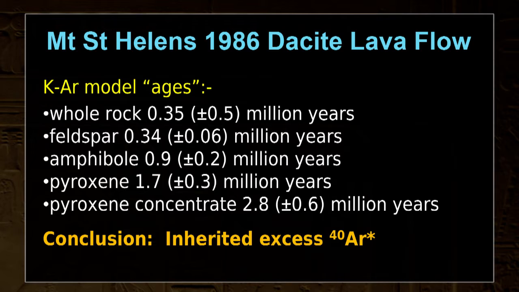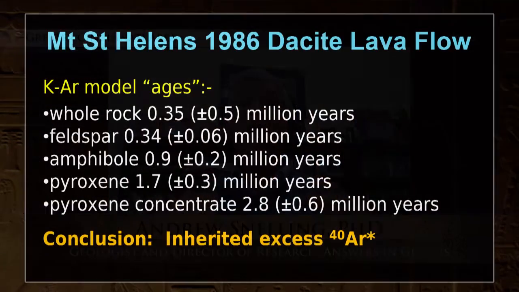Now, the problem here is well known that argon is a gas. And when a volcano erupts, argon is in the gases that erupts as well. Most of it is water in the form of steam. But what happened is, and this is well known in the literature, as the lava cooled and crystallized, some of that argon gas was trapped in the lava and basically contaminated or was inherited by the lava.